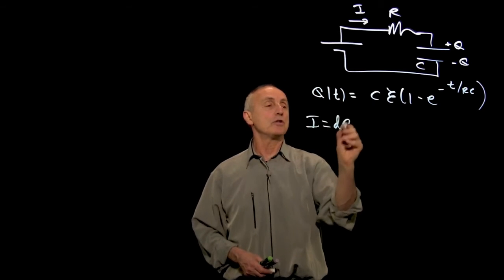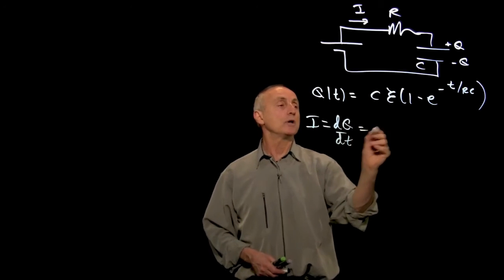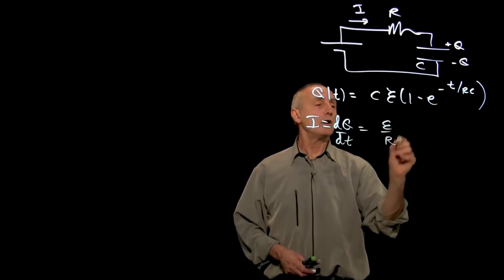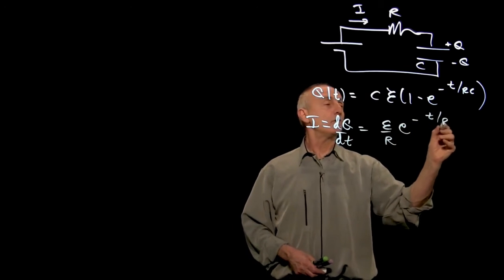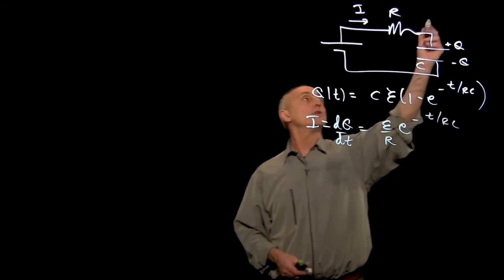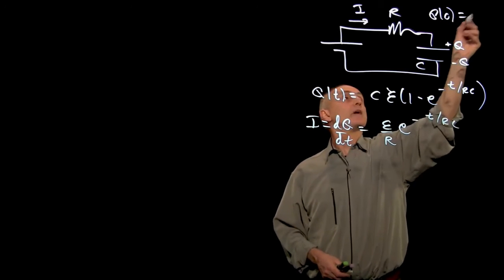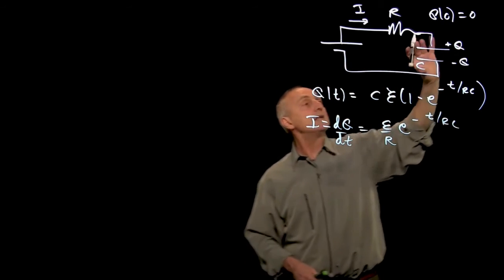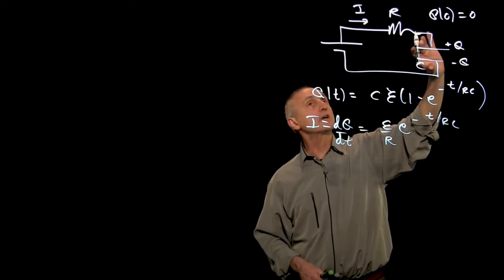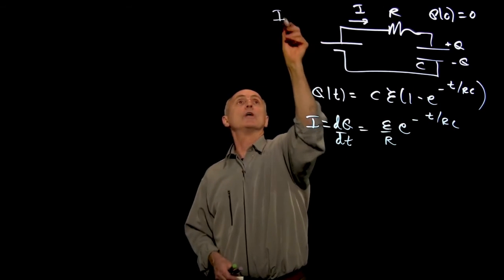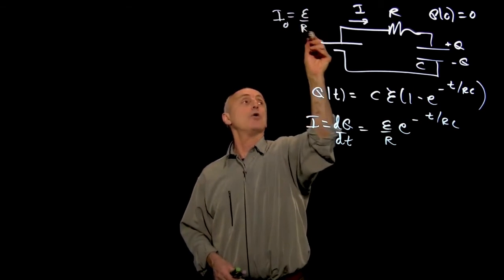And when we took the derivative of the charge, we got E over R, e to the minus t over RC. Remember, our initial conditions were the capacitor was uncharged, and at t equals 0, the capacitor acts like a short, so the initial current I naught was E over R.